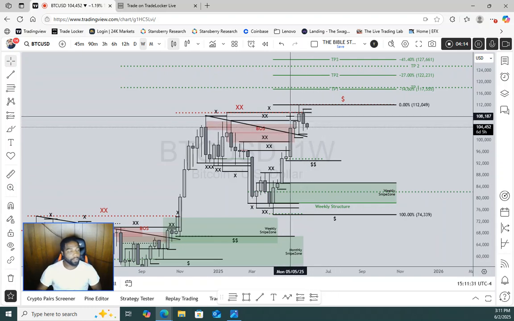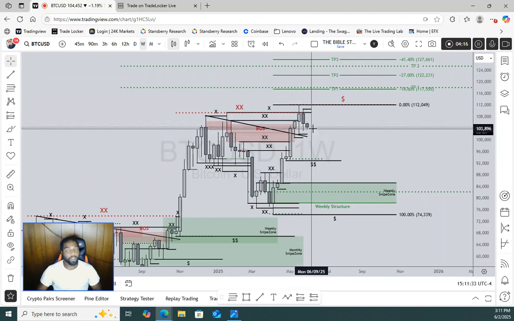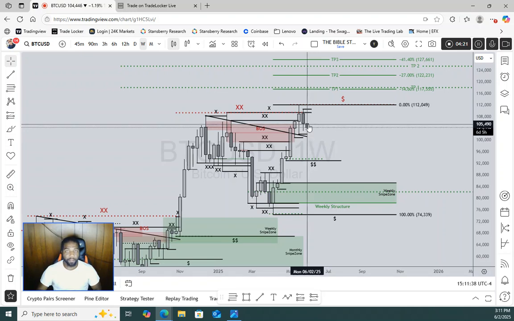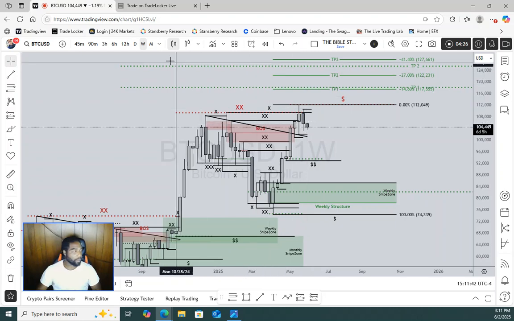So to determine what price is doing here on this weekly time frame, in this weekly price action, we scale down to the daily.